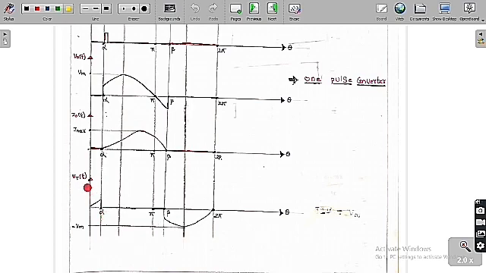Now we are going to analyze the thyristor voltage in different ranges. From 0 to alpha, as I already told you, the thyristor is in the forward blocking mode, so the source voltage is equal to the thyristor voltage. From alpha to beta, it behaves like a short circuit because it is in conduction, so its voltage is equal to 0.